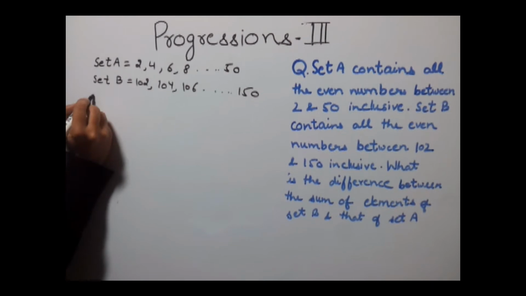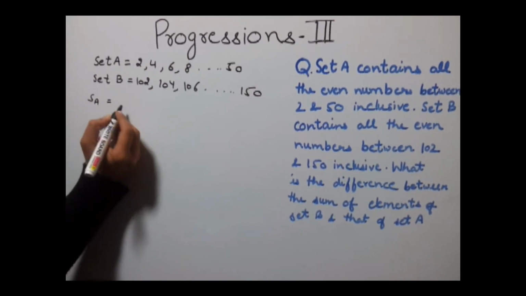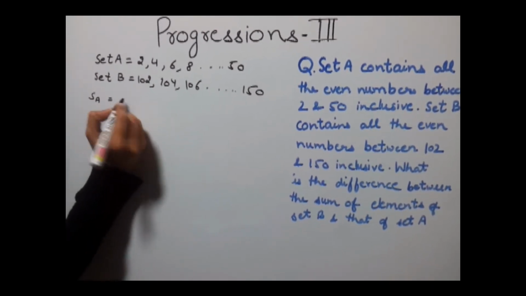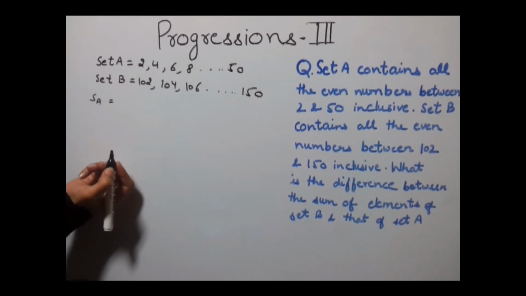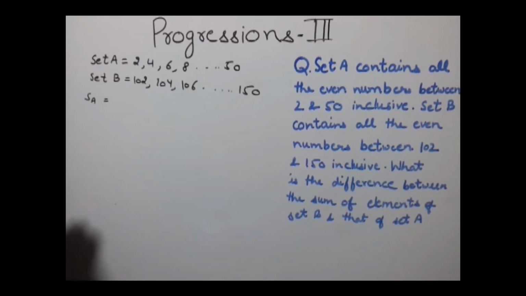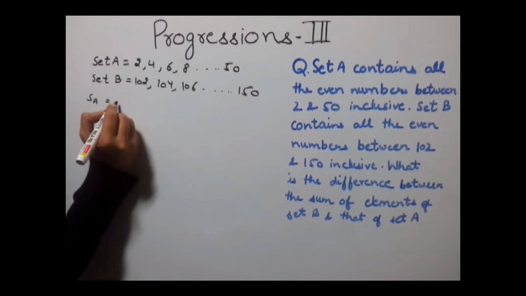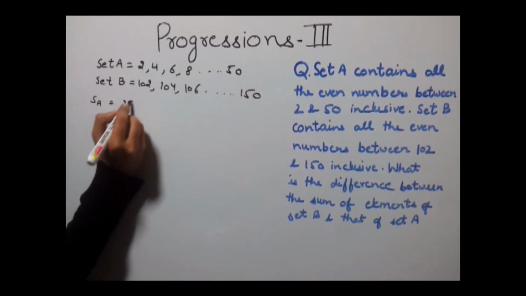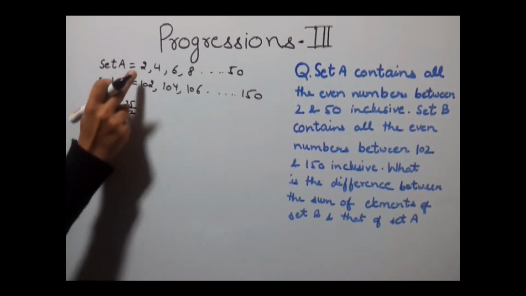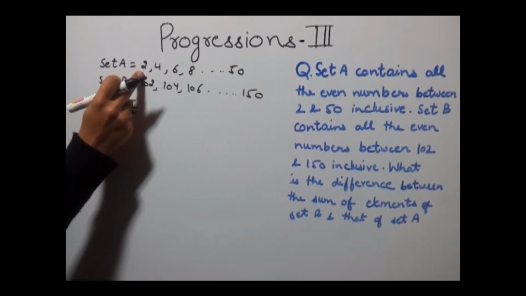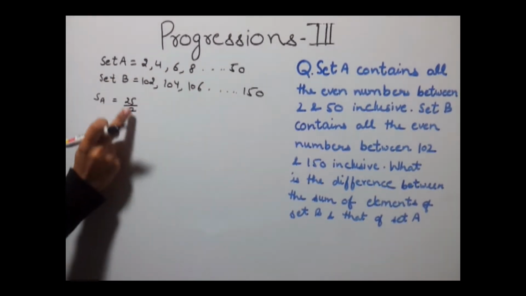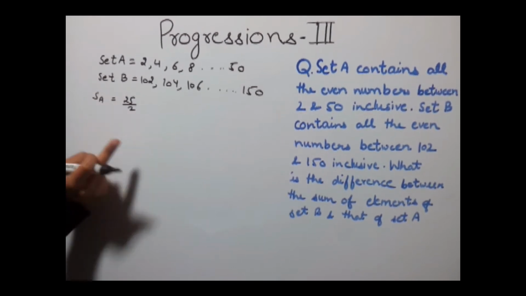So, the sum of all the elements of set A: we know the formula to solve this is n by 2 into (2a plus (n minus 1) into d). Using the formula, our number of terms are 25 because these are even numbers between 2 and 50.